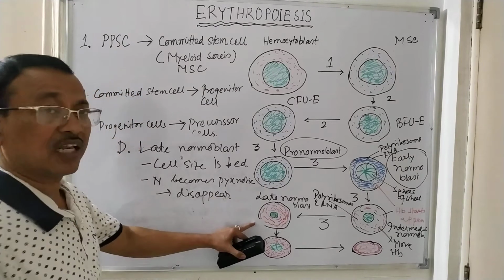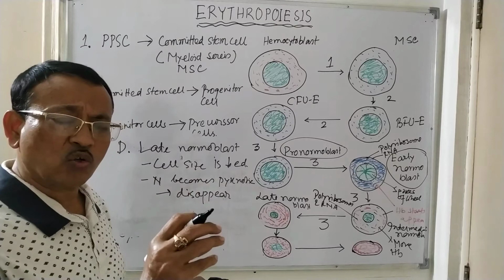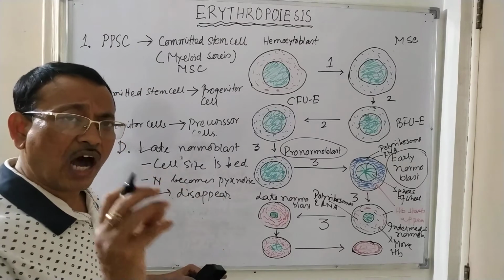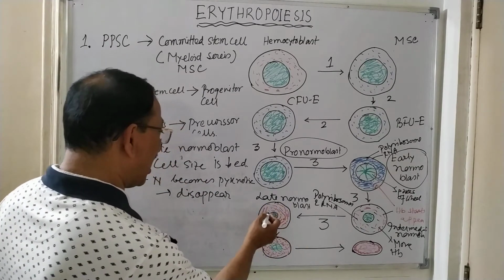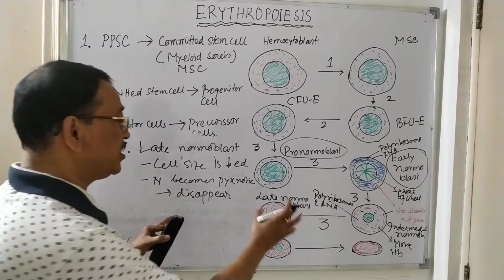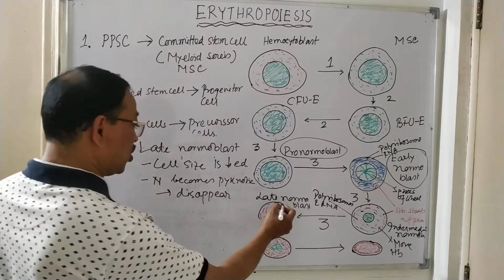from the cell. Initially there is a very small nucleus about to be extruded out, and this small nucleus is known as the pycnotic nucleus, which is ultimately extruded out of the cell and thereby disappears from the cell. This is the characteristic feature of the late normoblast.